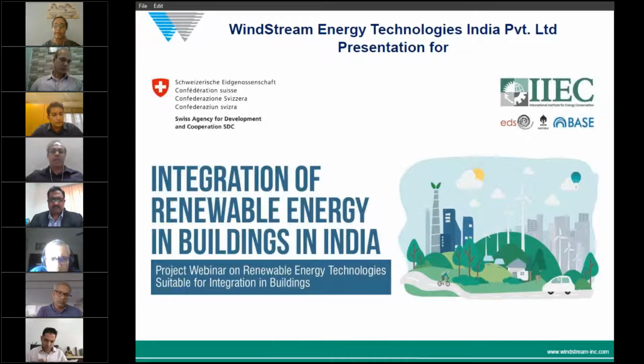The technology is patented globally. Mr. Venkat is a graduate in Electronics and Communication Engineering from Vellore Institute of Technology, and he has more than 19 years of experience in renewable energy and IT sectors and has held management roles in various industries. Mr. Venkat, over to you.